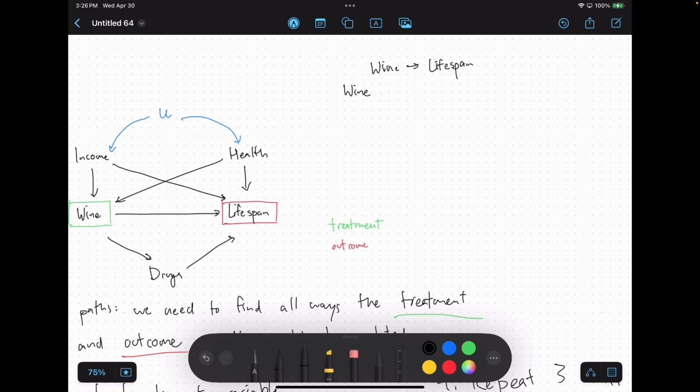So wine to drugs to lifespan. What's another path we could take? We go from wine up to income, over to lifespan. That's another path. So wine, income, lifespan.